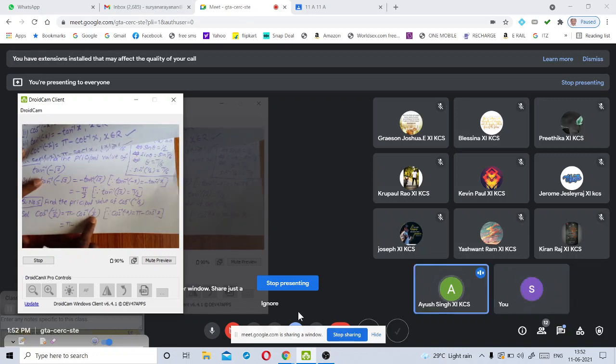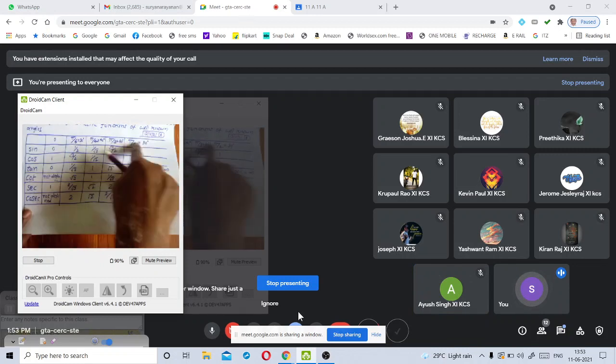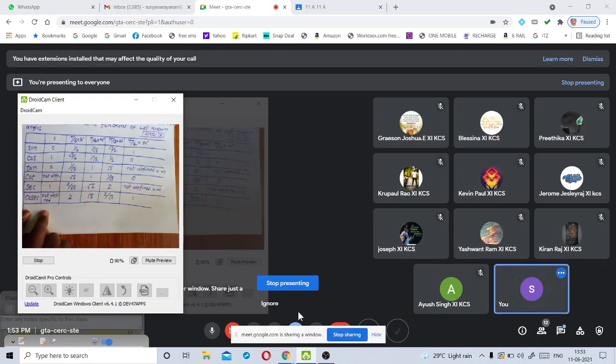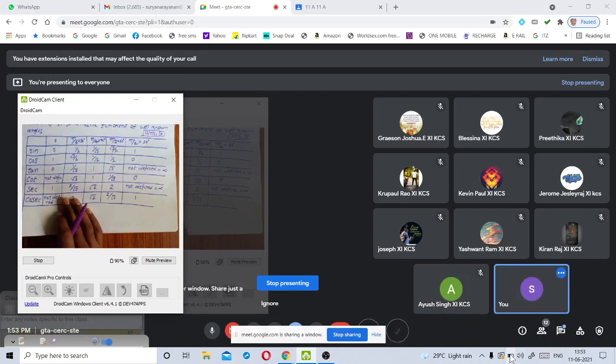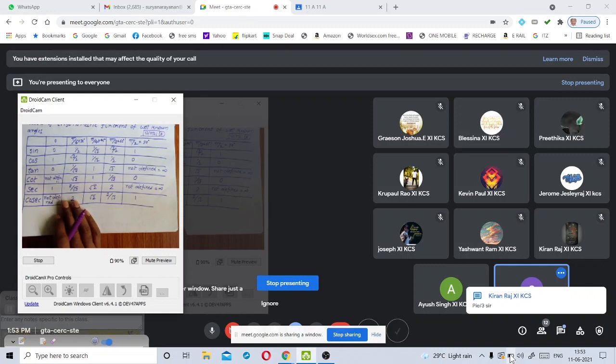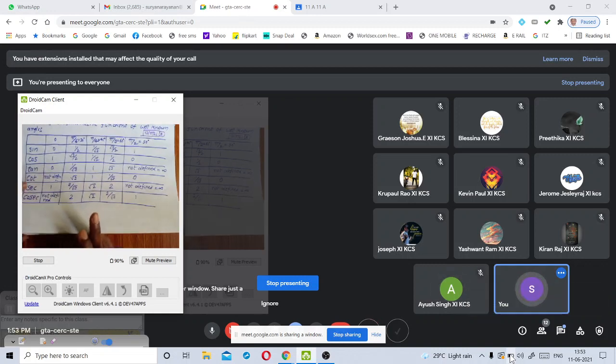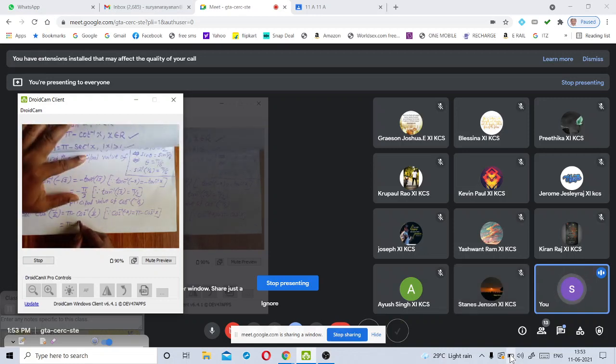Cos inverse 1 by 2, from this table. Yes, pi by 3. Very good, my dear Kiran Raj, pi by 3.